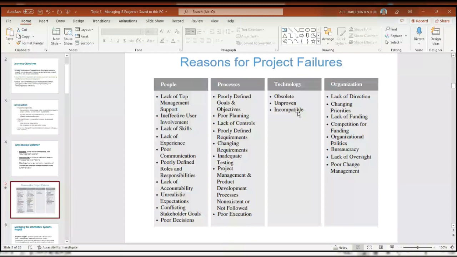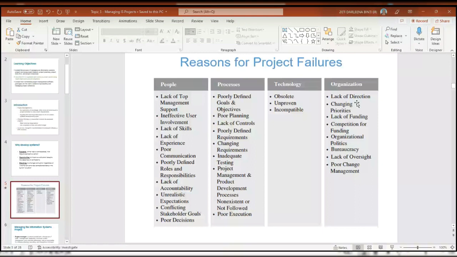The next one is organization, lack of direction. Organisation kita tak ada stable management leadership, for example. Changing priorities. Contohnya lah, selalunya IT software house ni dia ada general, dia ada emphasization dia.